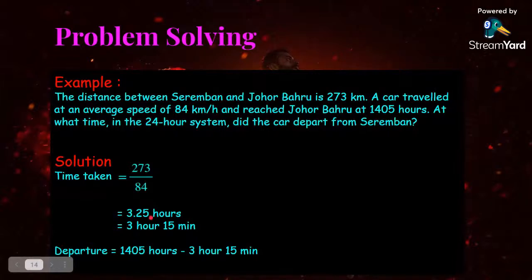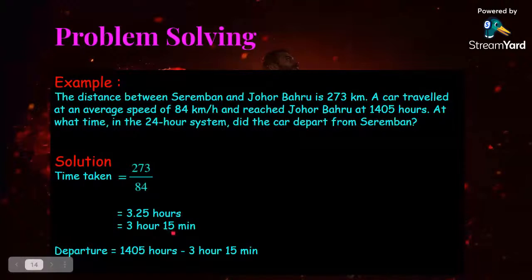Okay, so 25 over 100 times 60, sebab 1 jam bersamaan dengan 60 minit. Apa tadi? 25 over 100 you times dengan 60. Okay, so bila you dapat dekat sini you akan dapat 15. Okay, so bukan simply 3.25 pap letak sini 3 hour 25 minutes.